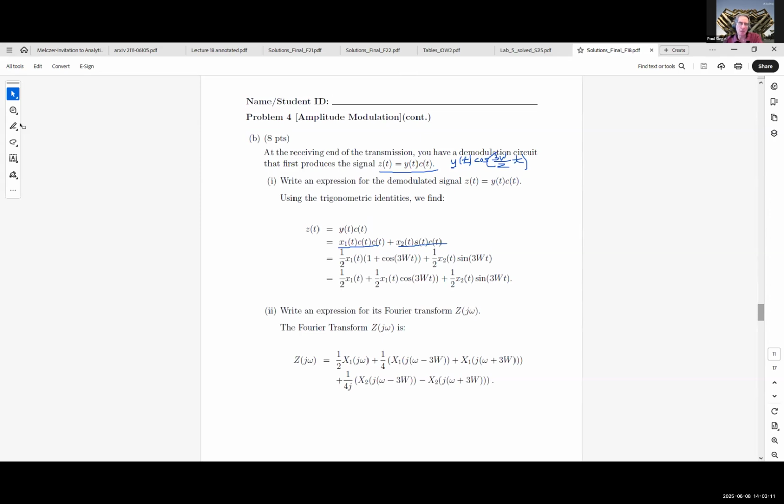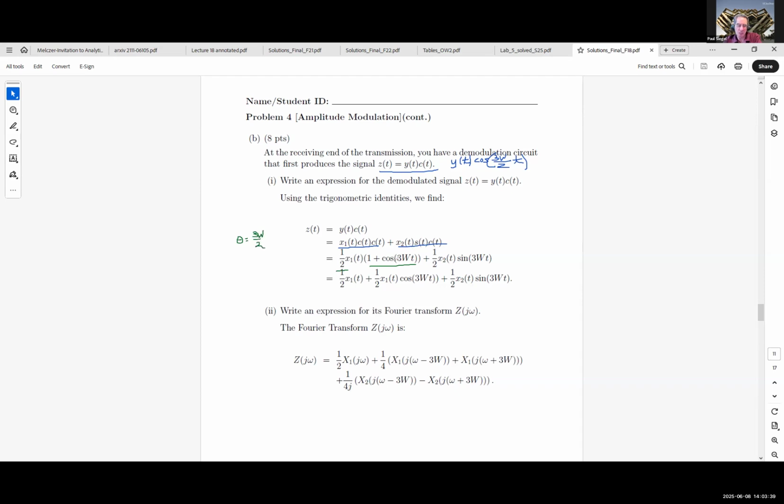So that's what's used in this next step here, just to take that product of the cosines and represent it as 1/2 times 1 plus cosine of 2 theta, where here the theta is 3w divided by 2. And so 2 theta becomes 3w.